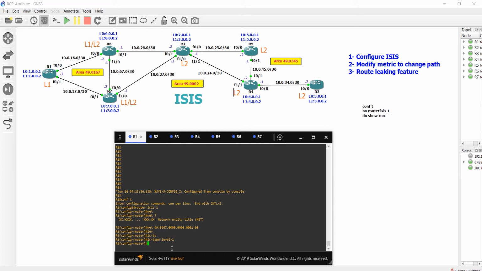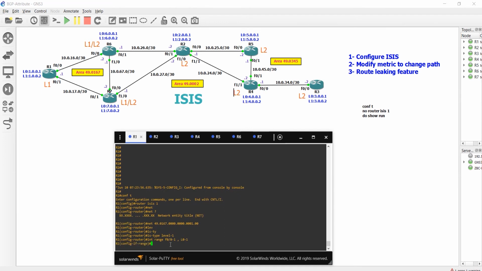Now we should enable it under the interfaces. We should write exit, then interface range. Which interfaces are here? F0/0 and 0/1, and loopback 0 until loopback 1. And this is the range.